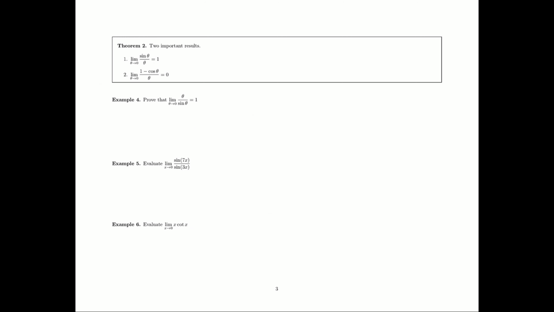So to do this, we're starting off with this limit here. Now it might be kind of silly, but if we've got a fraction like 2/3, I can write 2/3 as equal to 1 divided by 3/2.